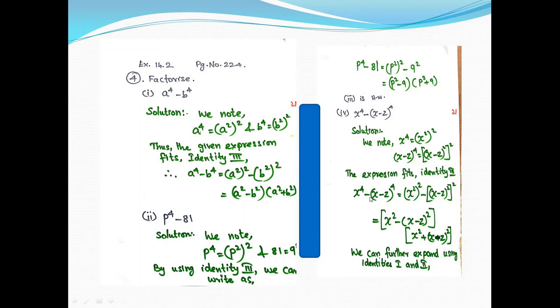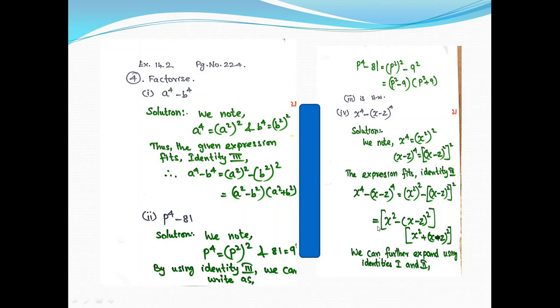So x to the power 4 minus x minus z to the whole power 4 can be written as x square to the whole square minus, open the square bracket, and inside the bracket x minus z to the square to the whole square.